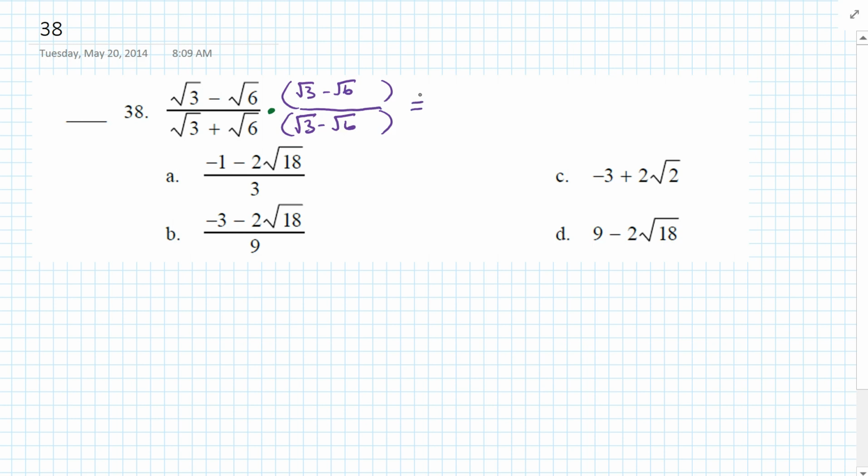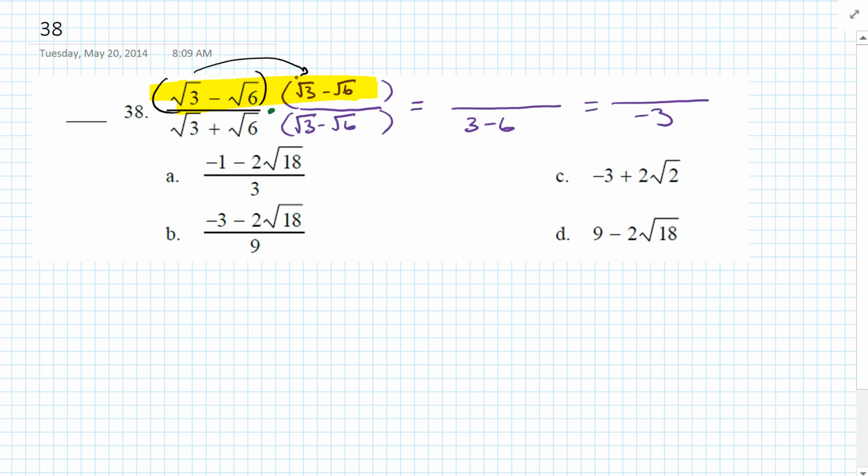Okay, so the bottom now is a difference of squares. So the denominator is now the square root of 3 squared minus the square root of 6 squared, which would just be 3 minus 6, which would give me negative 3 on the bottom. Okay, so that's pretty good. So now let's work on the numerator because we're going to have to do a little bit of work on this one. So let's multiply it through.